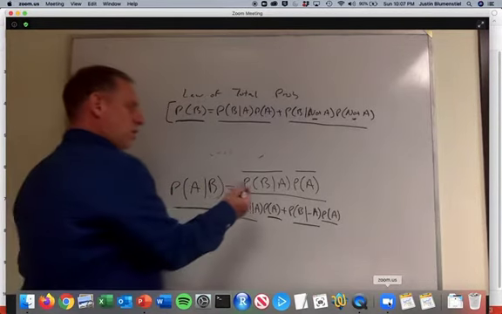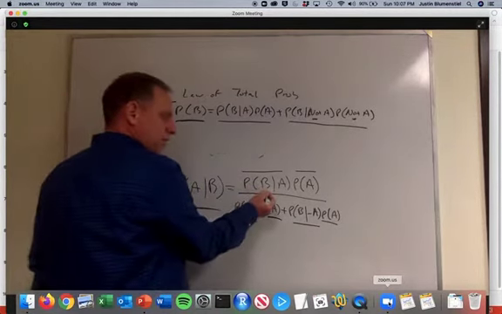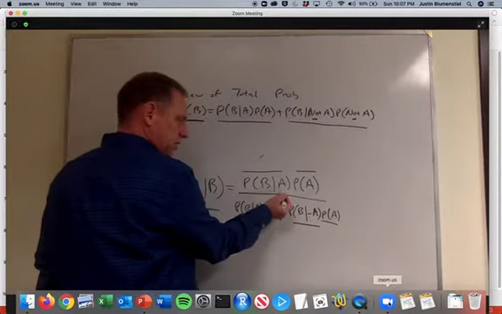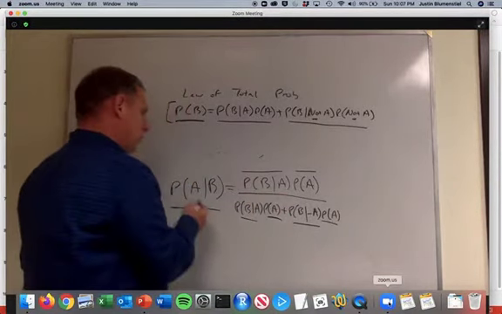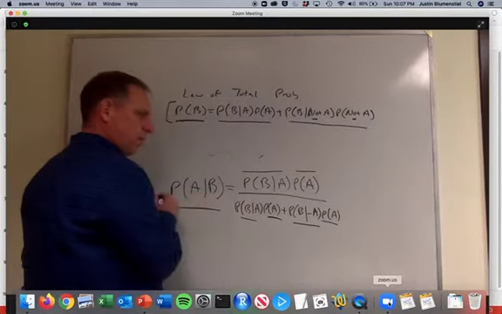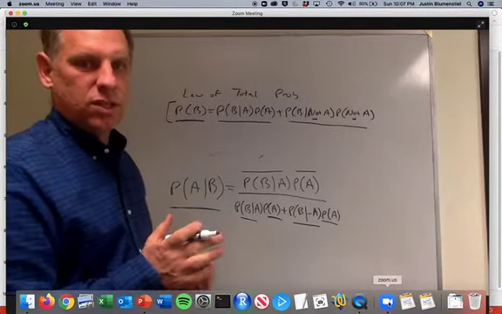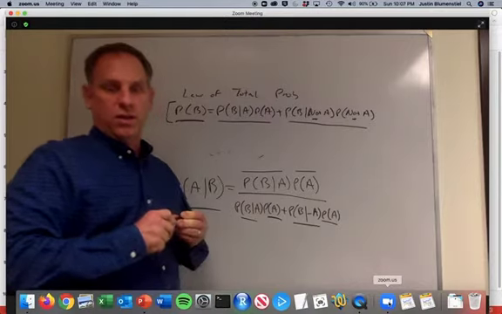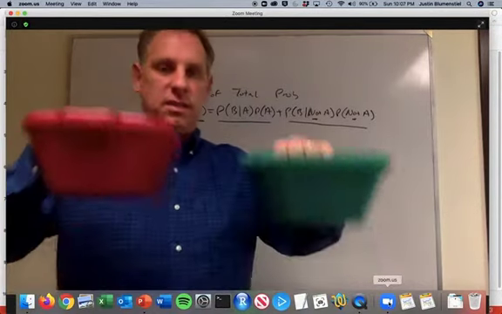Sometimes we know the probability of an outcome given a condition, but we don't know the probability of a condition given an outcome. So it's a little strange, and I'm going to walk you through it using the buckets as an example.